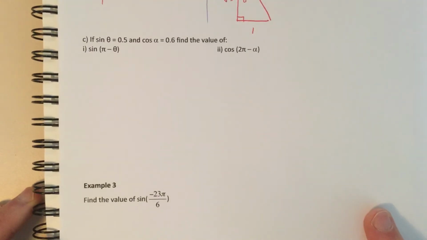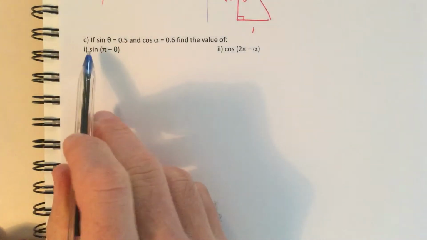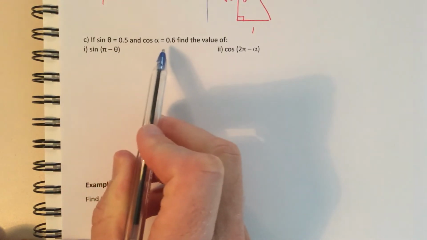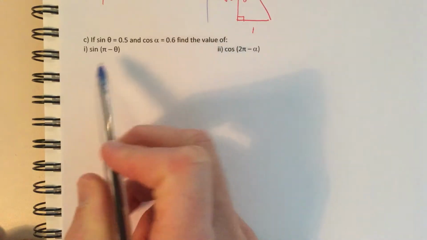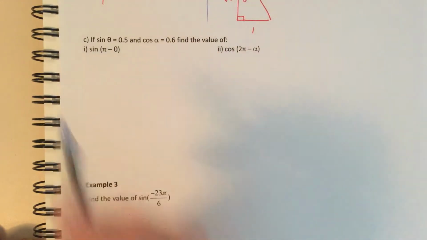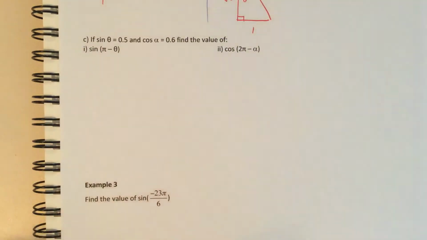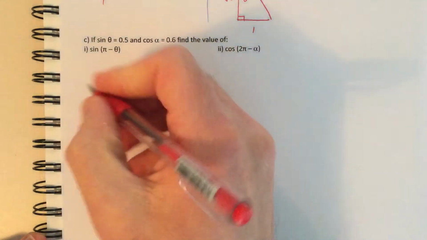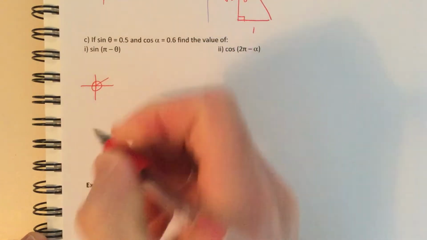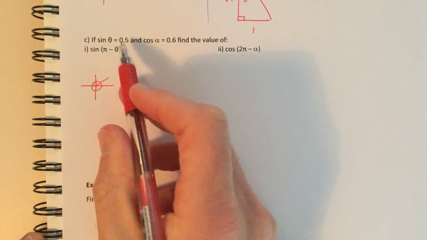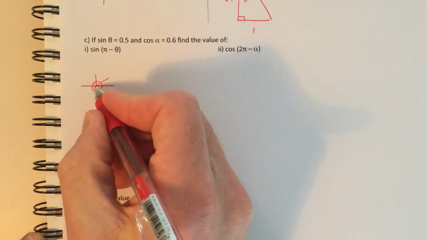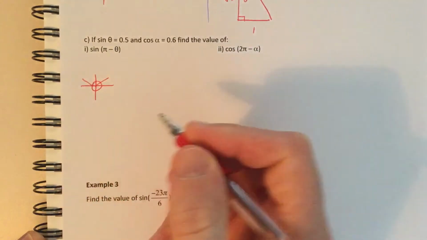Moving on to example C. This is a similar kind of question, but just written in a different way. It says, if sine theta equals 0.5 and cos of alpha equals 0.6, find the values of sine of pi minus theta and cos of 2 pi minus alpha. So, starting with the first one, if we know that sine of some angle theta is equal to 0.5, well, sine of pi minus that angle would just put us over here.